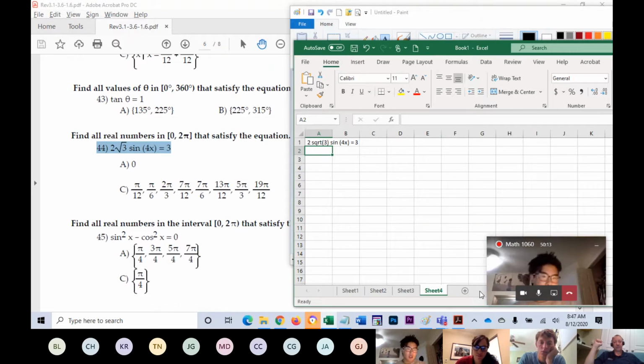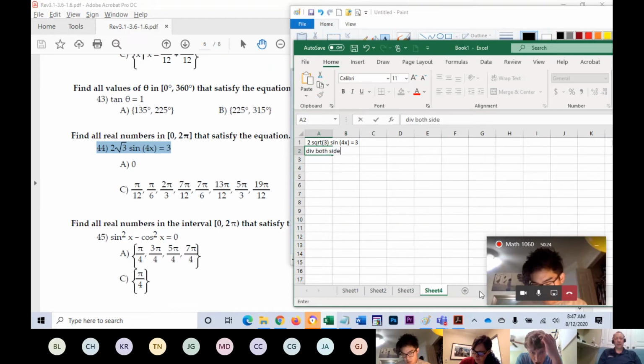Then we could divide the sine of 4x by 2 square roots of 3. So we need to get the sine all by itself. So divide both sides by 2 square roots of 3. Okay.